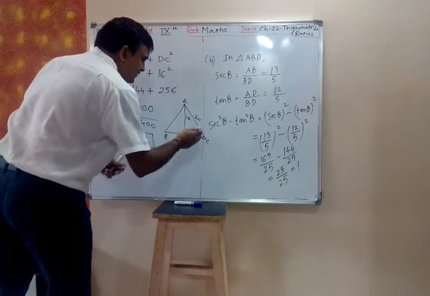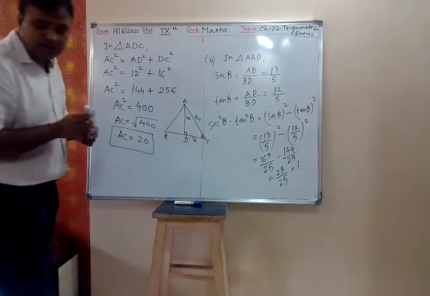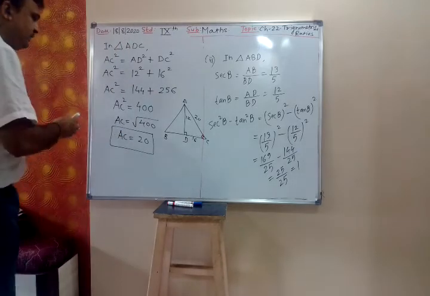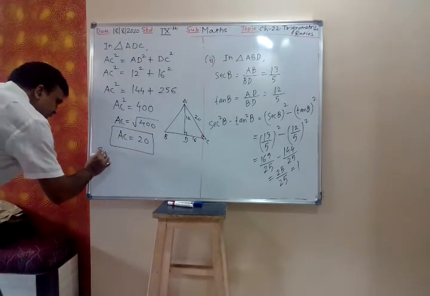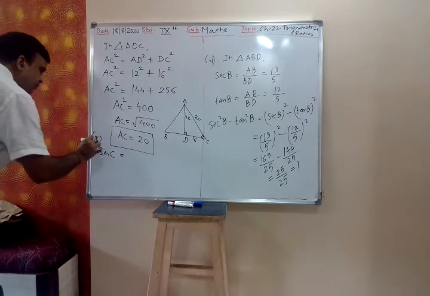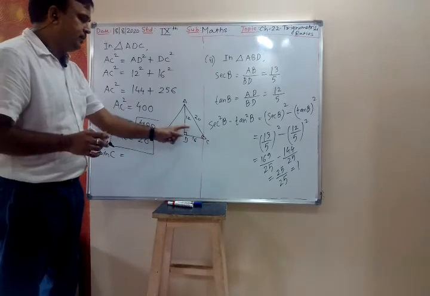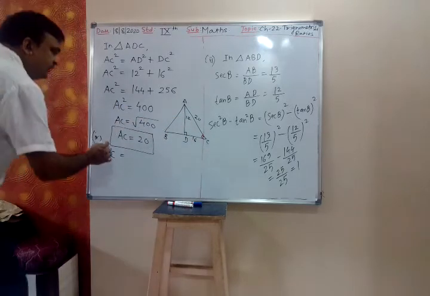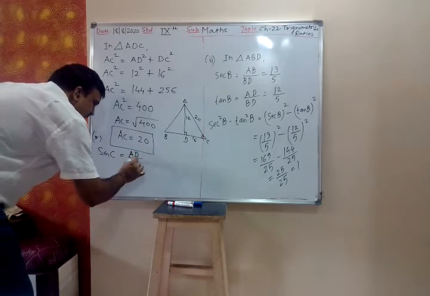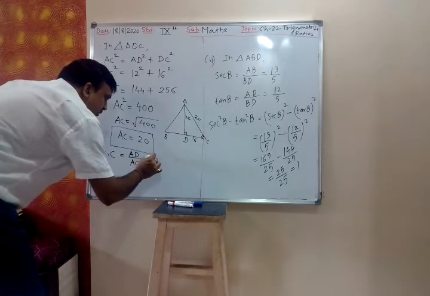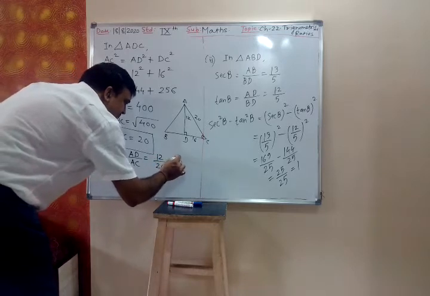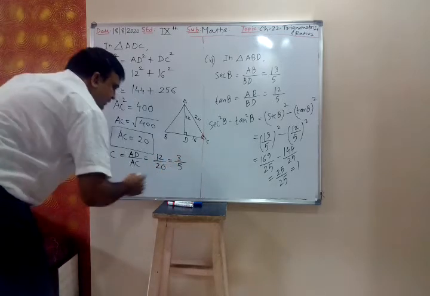To find sine square C plus cos square C, first we find sine C. Sine C is opposite upon hypotenuse, AD upon AC, that is 12 upon 20, which we can write as 3 by 5.